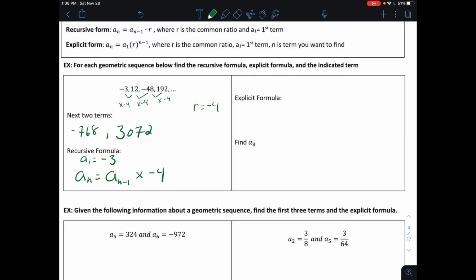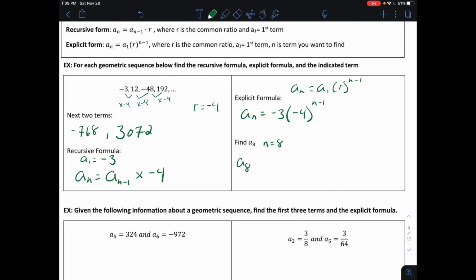For the explicit formula, let's say I wanted to know any particular term without generating the whole thing. The explicit formula is a_n equals a1 times r to the n minus 1 power. We know a1 is -3, so explicitly, this would be -3 times -4 raised to the n minus 1 power. To find the 8th term, we take our explicit equation, put in 8 for n, and evaluate.